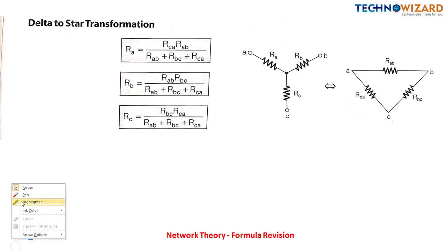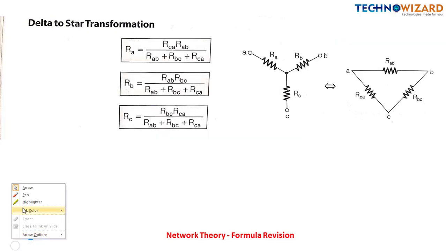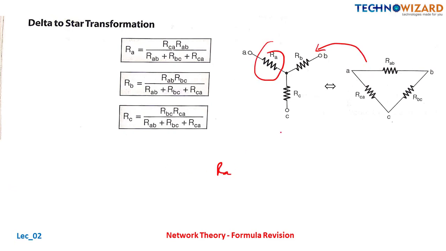Okay, so next is delta to star. If you want to find RA, I am drawing the star connection inside the delta, with RA, RB, RC. Now this RA resistance is between RCA and RAB.